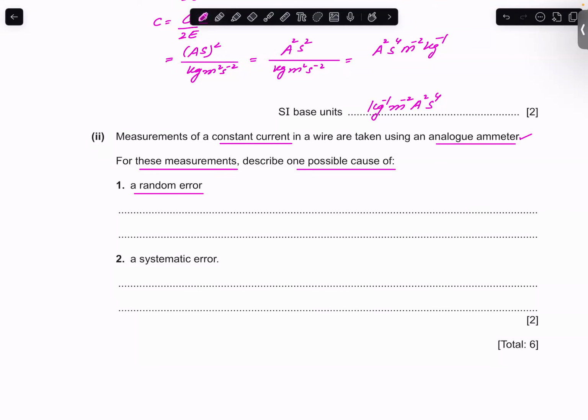This can be a reason, like reading the scale of the analog ammeter from different angles.